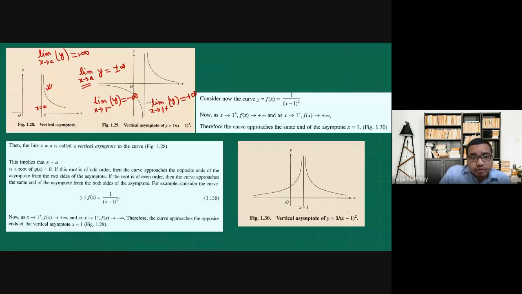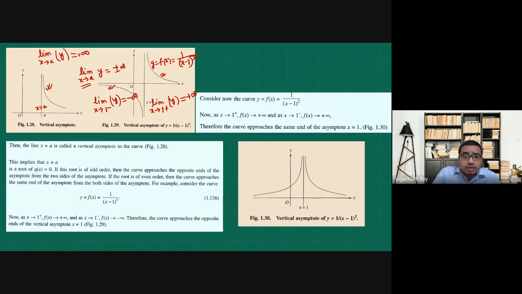So here for this particular function, y equals f of x equals 1 by x minus 1 whole cube. If you draw the curve, you will get these two separate halves of this curve.